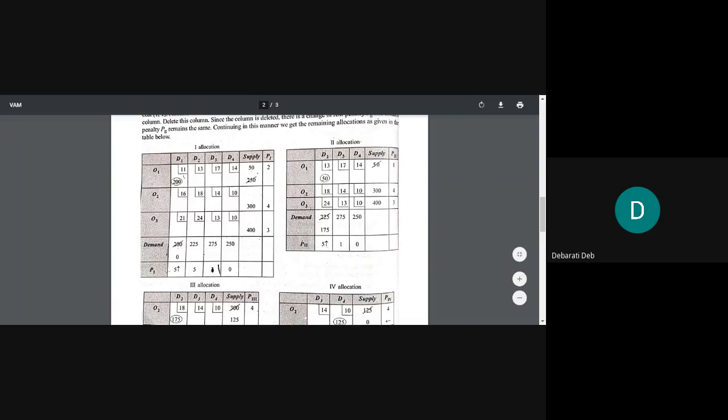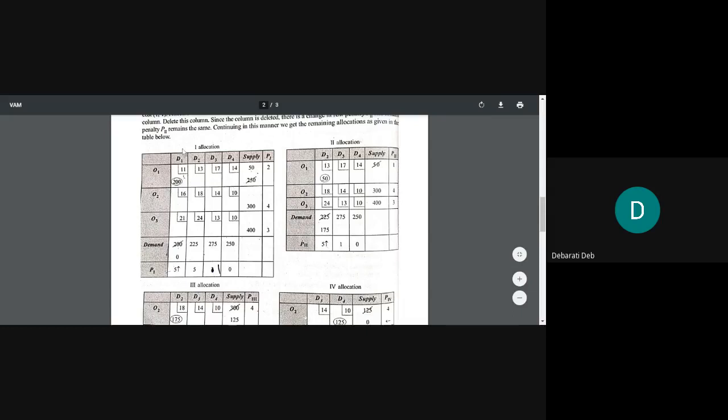In that column, when you want to fill up the first box under P1, what will you write? You will write the difference between the least cost and the second least cost. So you see in the first row, the least cost is 11 and the second least cost is 13, right? 13 and 11 are the second least cost and the least cost in this first row, that is O1.